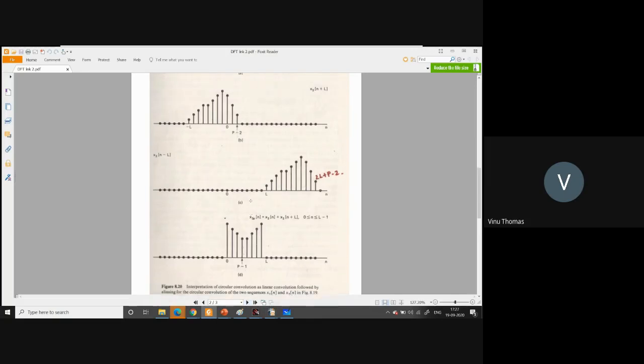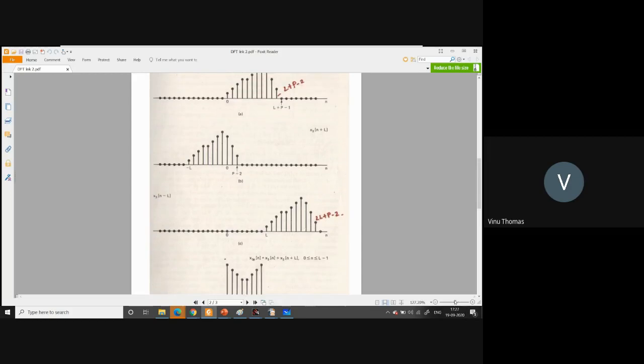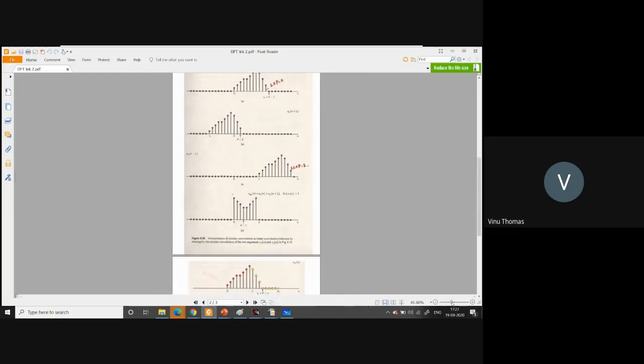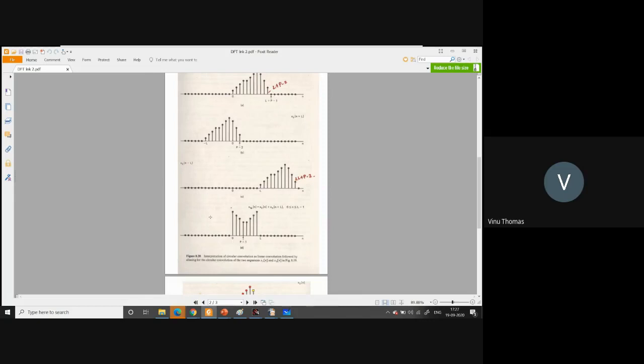Let us compare this circularly convolved sequence with the original linear convolution sequence. We see that the first sample is incorrect, the second sample is also incorrect, and the third sample is incorrect. After a while, you see that some of the samples are correct.